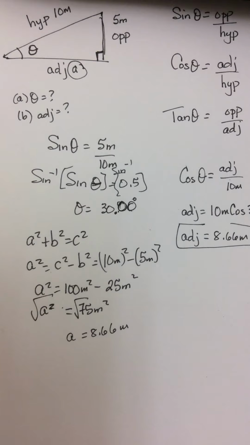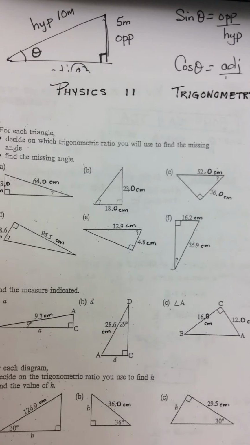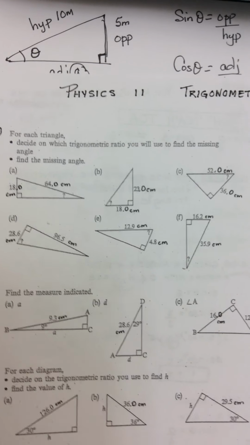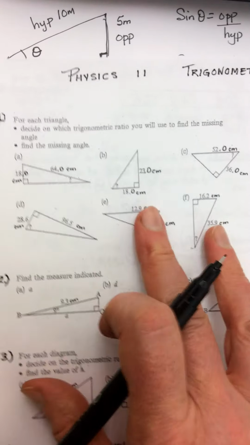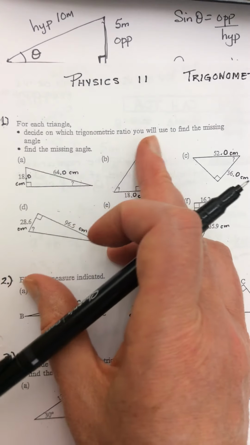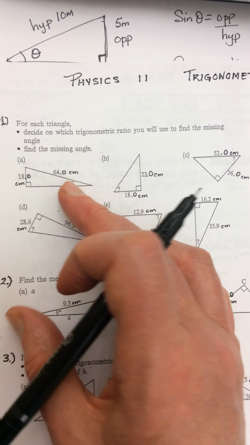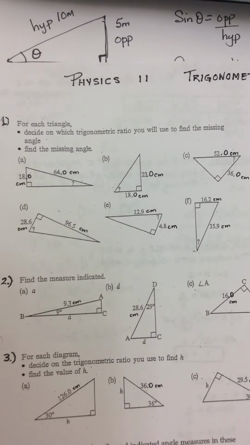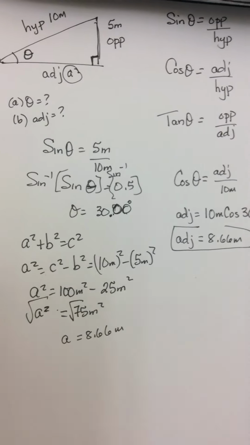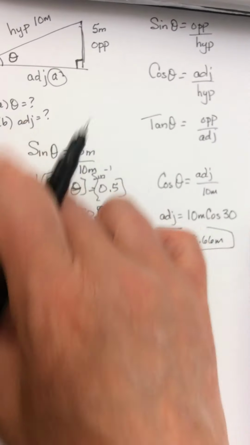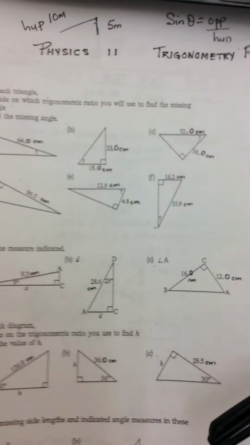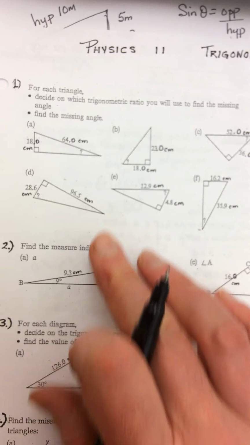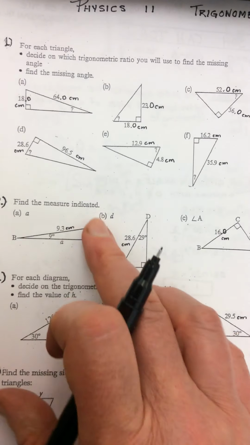Okay, so I had asked for you to do last night, the day's class homework was to do this sheet. So decide which trig ratio you'll use, write it down, find the missing angle. You don't have to show me every step, but show me what you're using, please, and make sure you put your units in. Okay? For number 2, find the measure indicated.